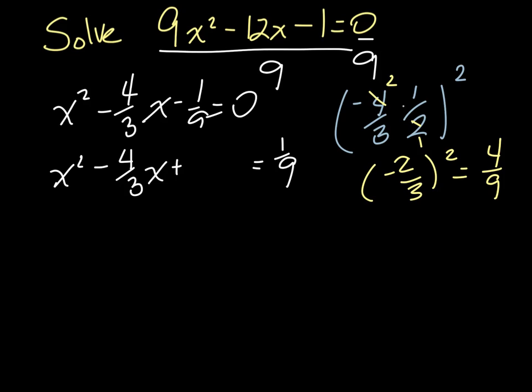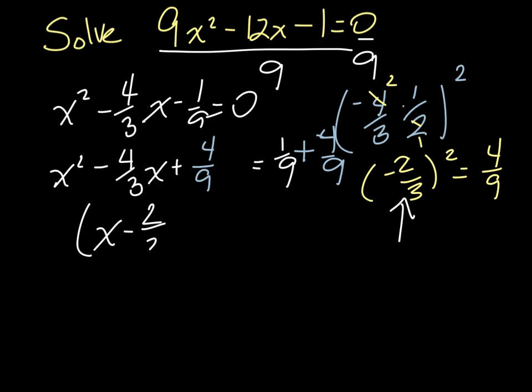So I know I need to add 4 ninths to both sides of the equation. And conveniently, I already have a common denominator. That's nice. And so just like the other one, I know what goes in there to complete my square because I already have it. Equals 1 ninth plus 4 ninths is going to be 5 ninths.